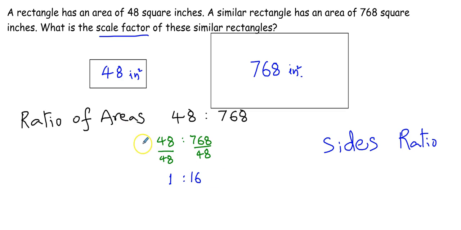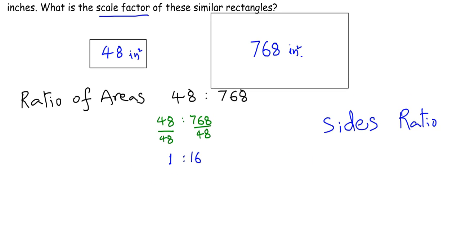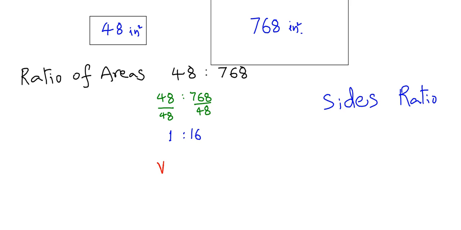So from the areas, when I have to go to the ratios of the corresponding sides, I just have to find the square root of those two terms, the first term and the second, that is 1 and 16. Take the square root.